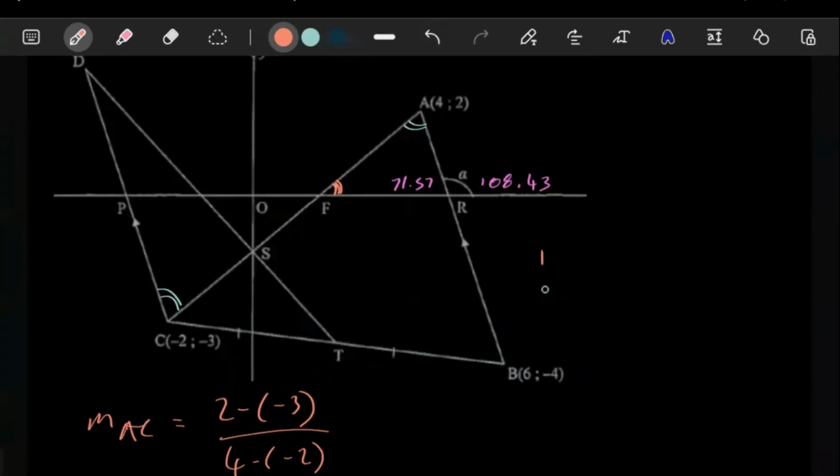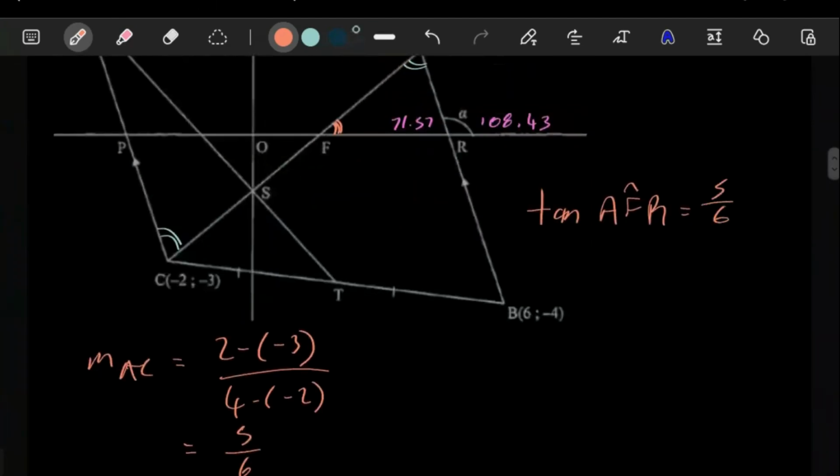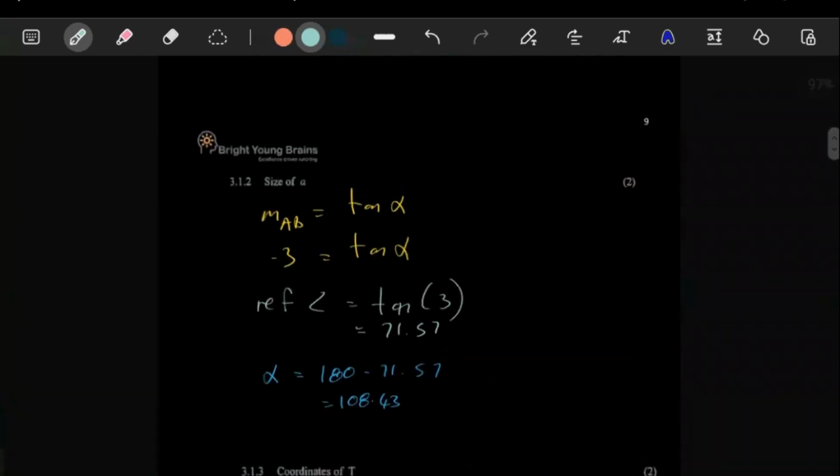So you're going to say here tan, the angle AFR is equal to the gradient, right? Which is like 5/6. So because you want to get the angle AFR, I'm gonna say shift tan. Let's see what you get here.